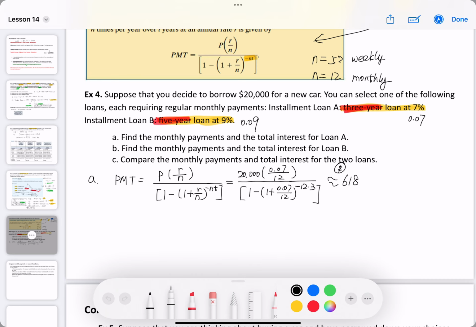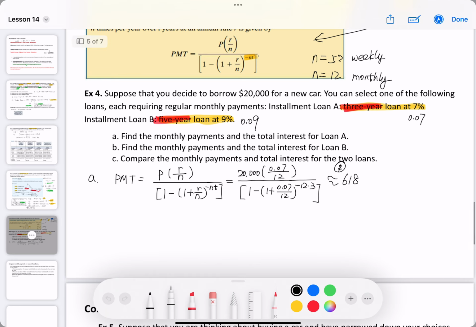And what is the interest? How to find the interest? The interest equals the money you paid in full, minus the listed price of the car, $20,000. So each month you're paying 618. You're paying for 3 years, and each year has 12 months, so multiply by 12.